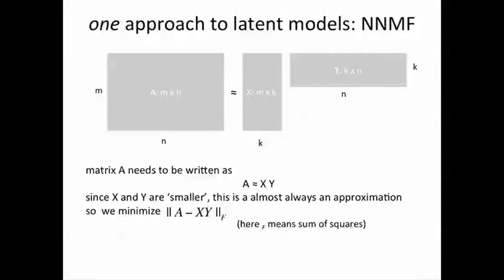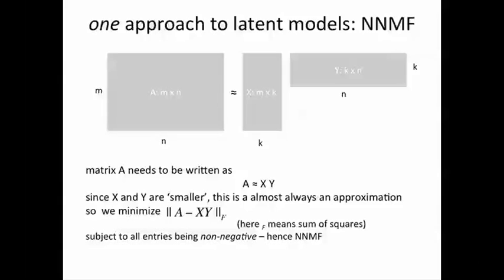There are other ways of doing this minimization by, for example, choosing X to be a particular set of columns of A and Y to be a set of rows of A, and finding out which selection of columns and rows of A one can choose to minimize this difference. We don't have to necessarily find X and Y from scratch. One can constrain them to be columns of A. You'll get a different factorization, but either way seems to work pretty well in practice.